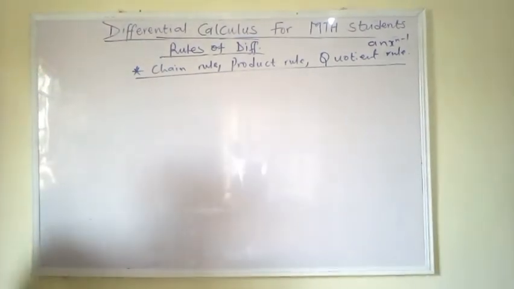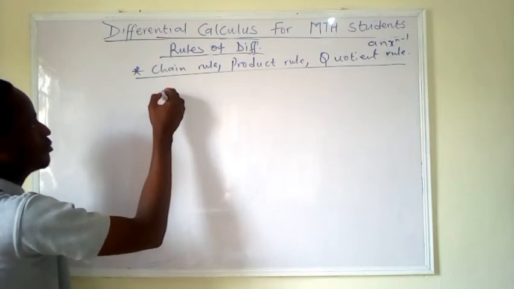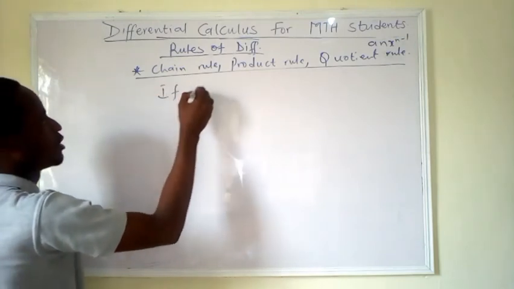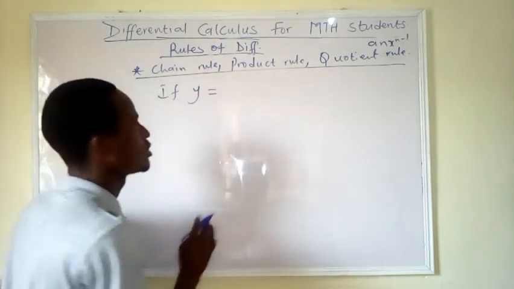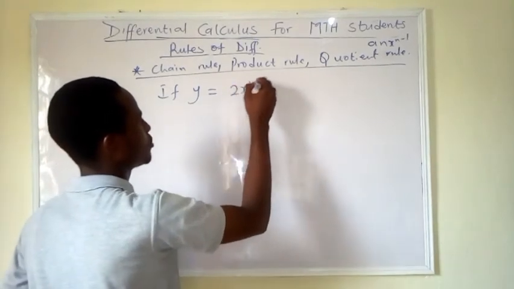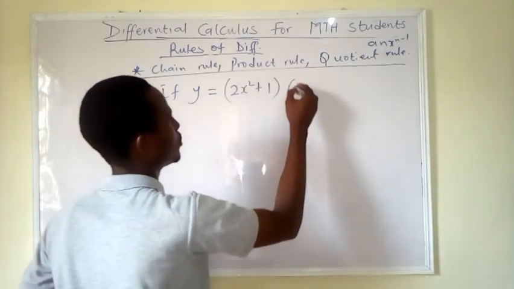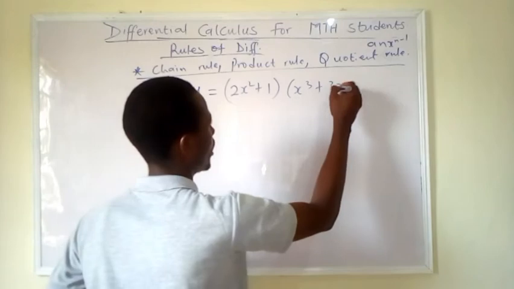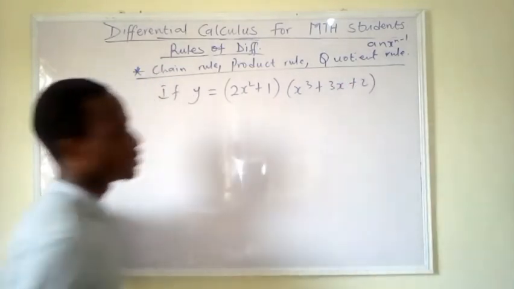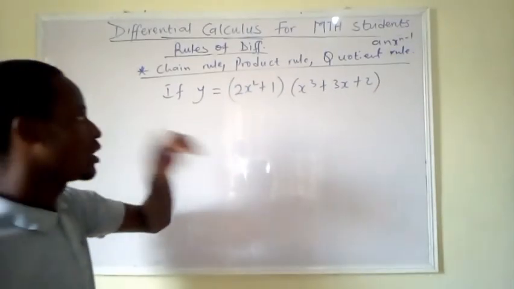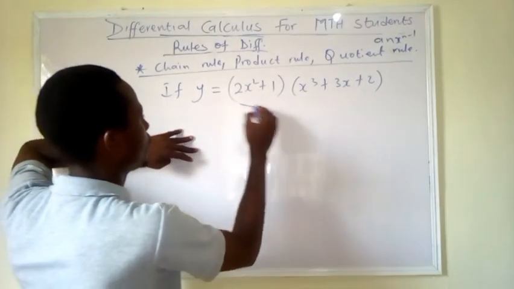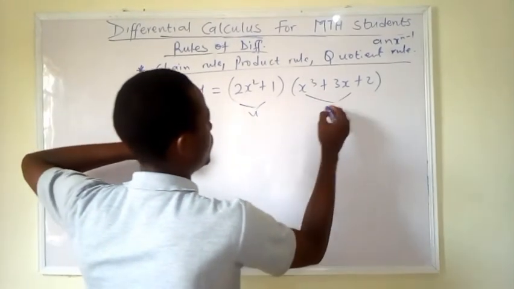The question I'm going to solve on that is: if y equals (2x squared plus 1) into (x cubed plus 3x plus 2). Then I can say that this is u and this is v.